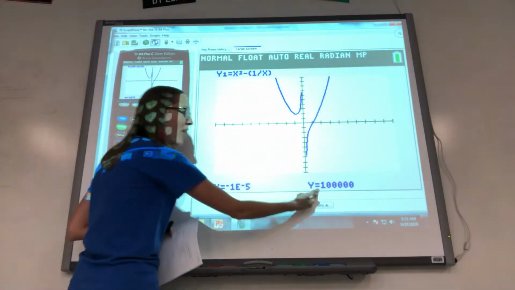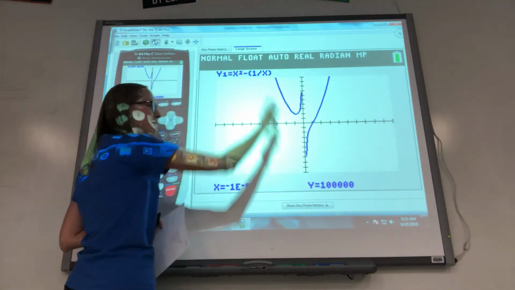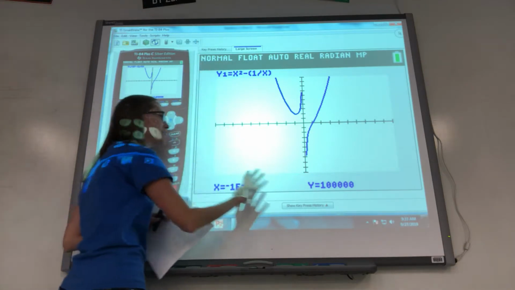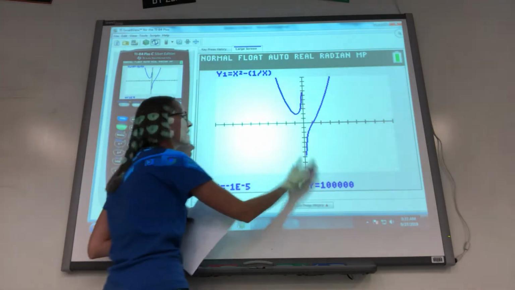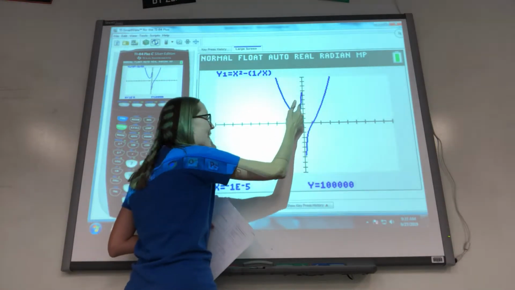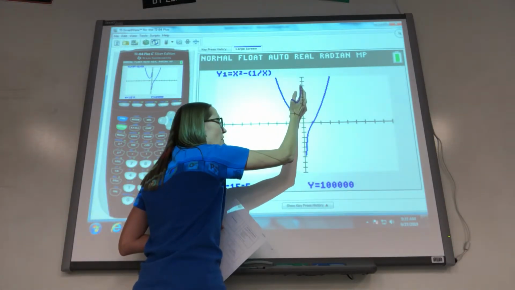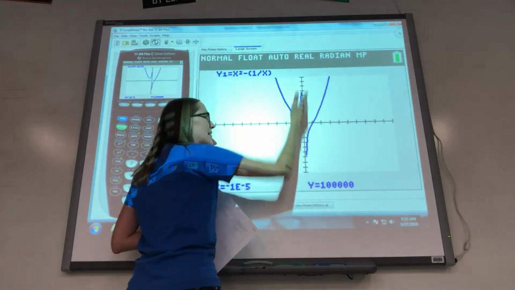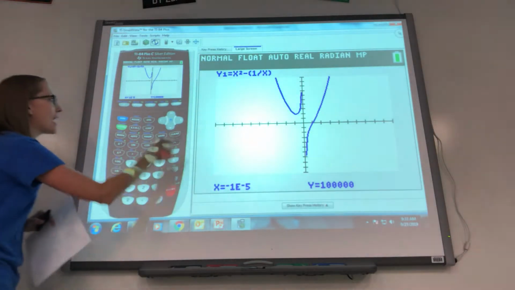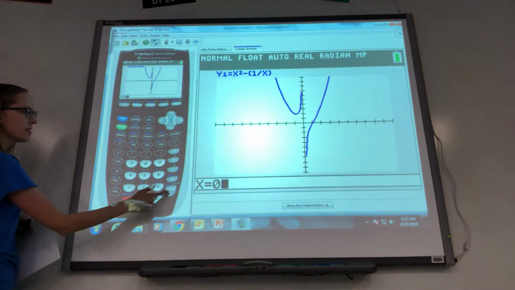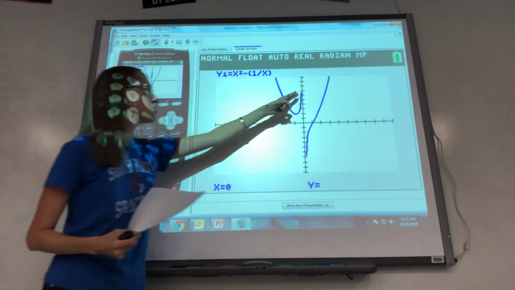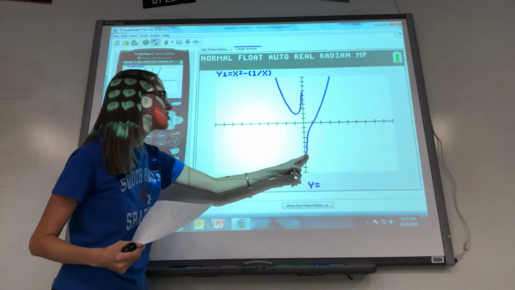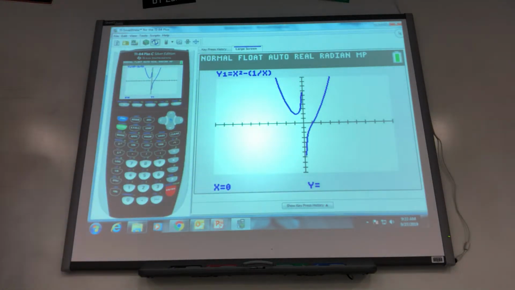It's still giving me back y values. This is just scientific notation, but it proves that if you're really close on the left, you're still getting back y's. You're not going to get back a y if you trace to 0, because there's a vertical asymptote there. But again, it doesn't just stop there. It's going to keep going.